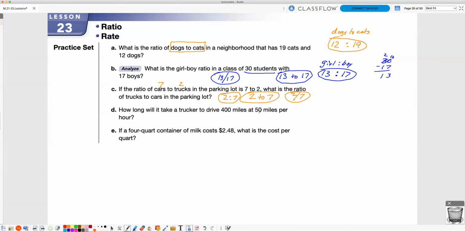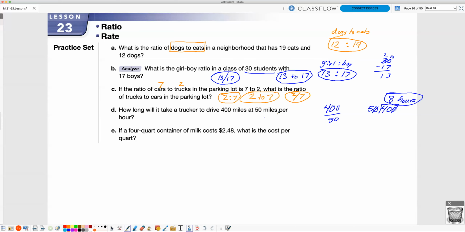So in this case, you'd take that 400 miles divided by 50 miles. You could recognize that this zero will cancel that one out. Now all I have left is 40 divided by 5, and that would be 8.